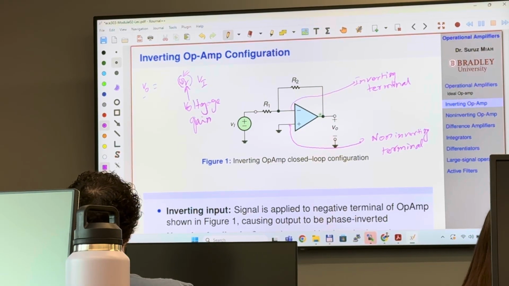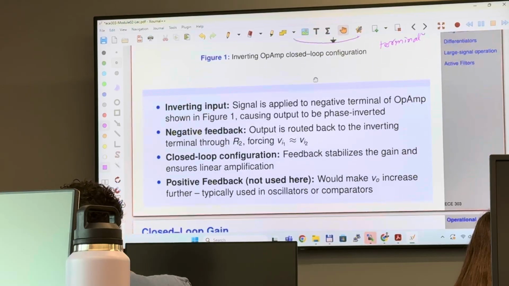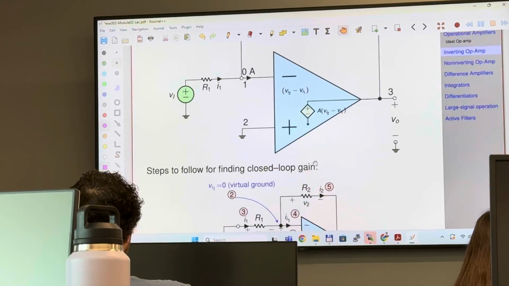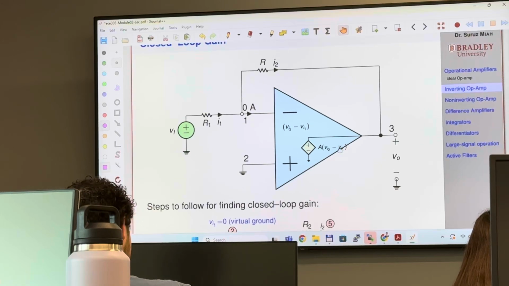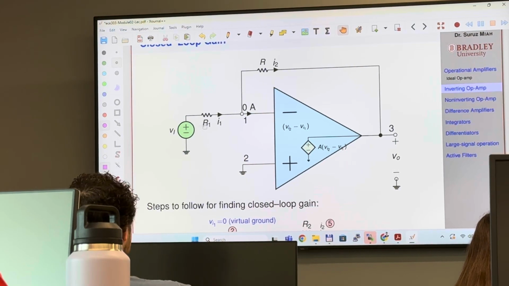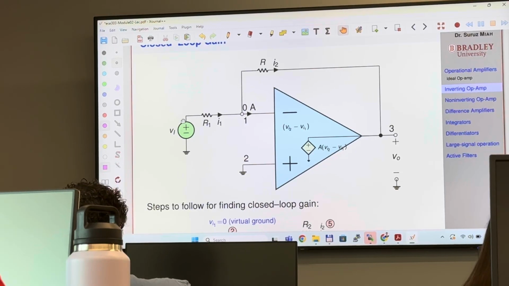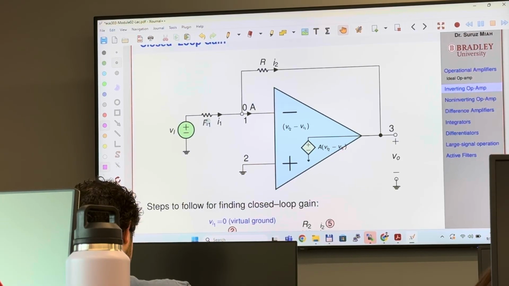So for that, if you go to the next slide, you see I annotated the circuit. So you have the input. Input is connected to a resistance R1, okay? And the current flowing through this R1 is I1.